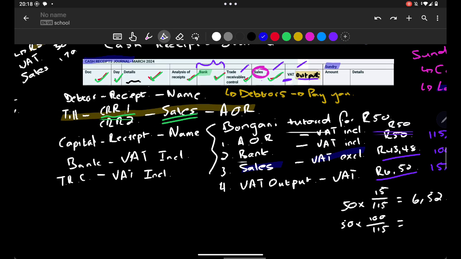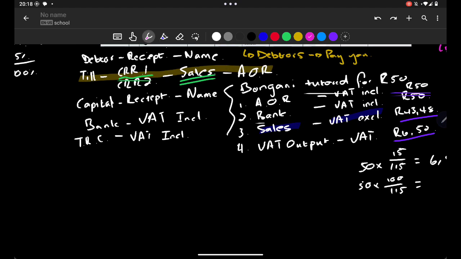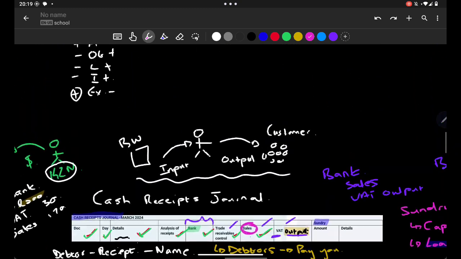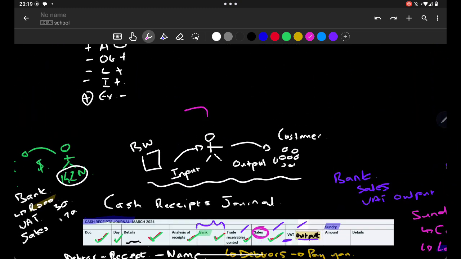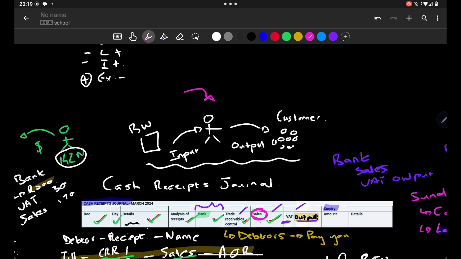So I wanted to show you for each column what it is, VAT inclusive or VAT exclusive. But now I'm telling you at the end that sales is the only one that is VAT exclusive, because sales goes hand in hand with VAT, right? Remember, when you sell something, in my example here, when you sell something, you pay VAT. Everything else, you're not really selling.